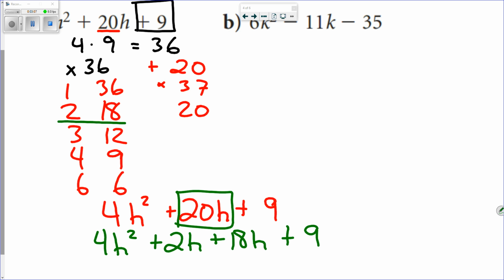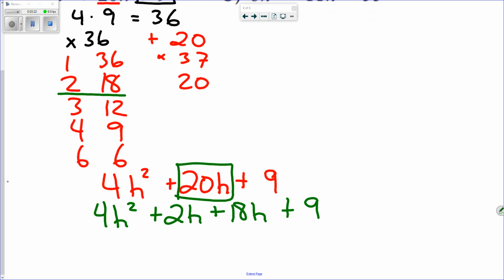I'm going to rewrite it like that. 4h squared plus 2h plus 18h plus 9. So I've decomposed, I've broken down the 20h. Now, we can go from there and we can look at each piece separately.